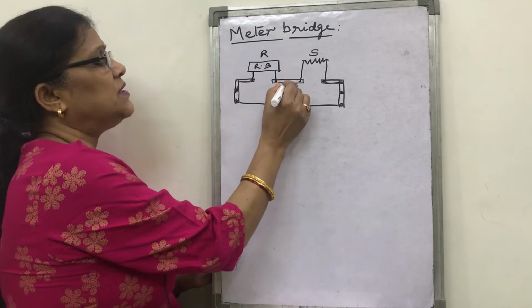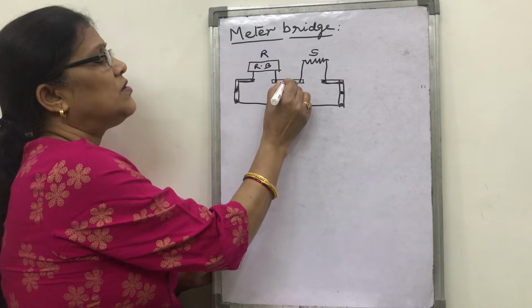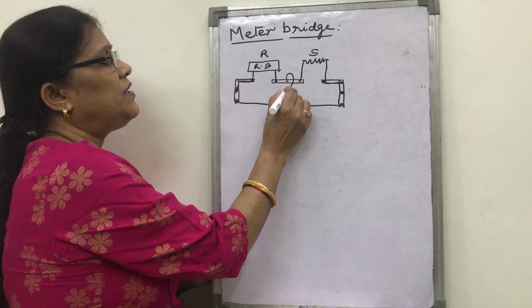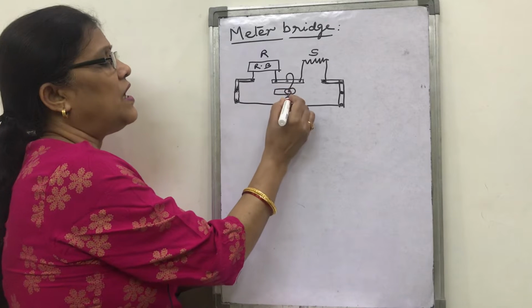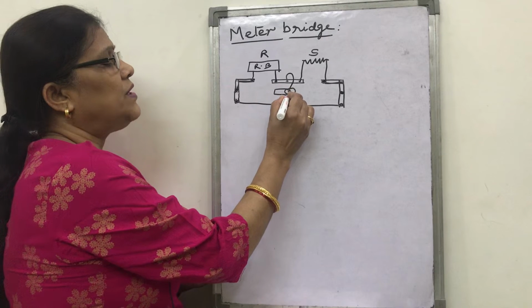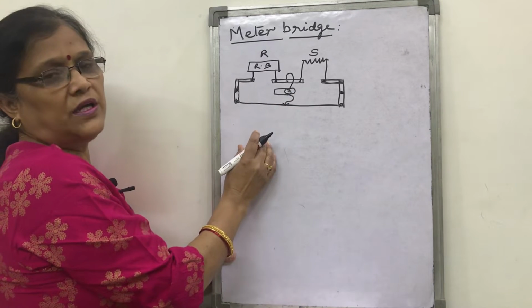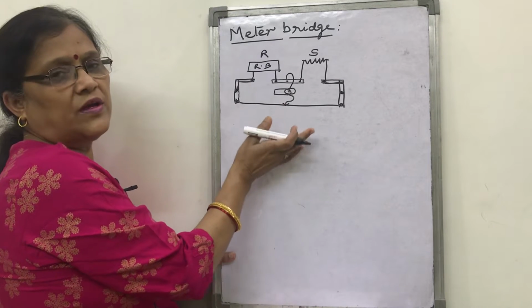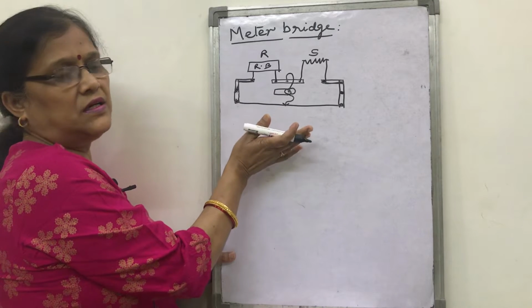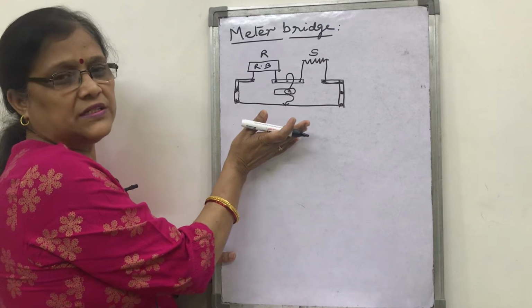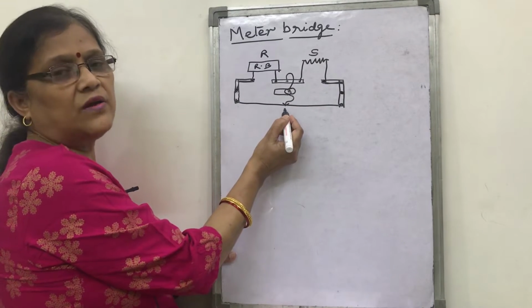So from the middle screw of this third strip, we connect the galvanometer, which either remains shunted here, and the other end of the galvanometer is connected to a jockey. What is a jockey? A jockey is a long metallic rod with one end connected to the galvanometer, and the other end is a sharp knife edge, which can slide over the 1 meter wire to make electrical contact.